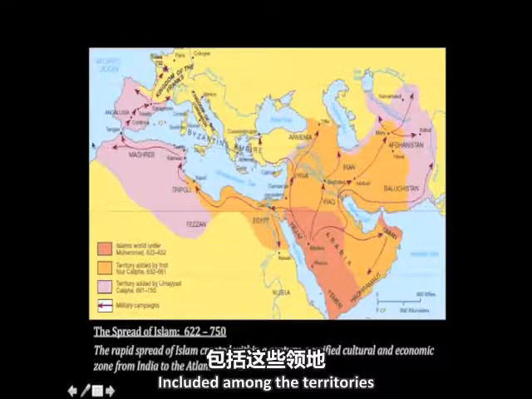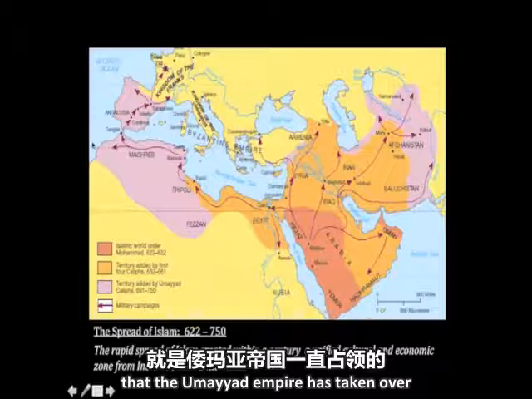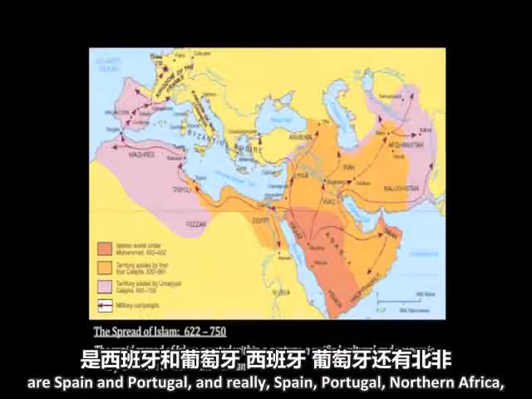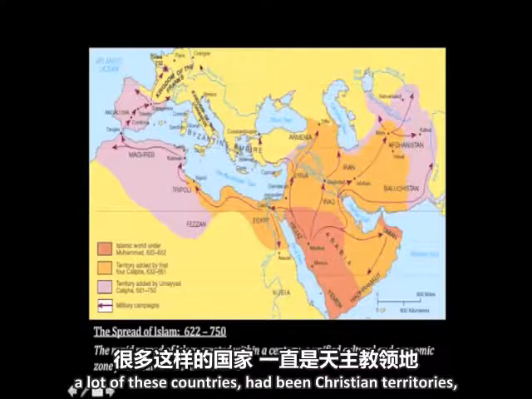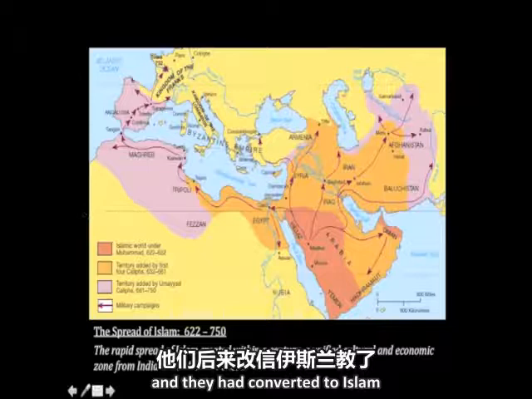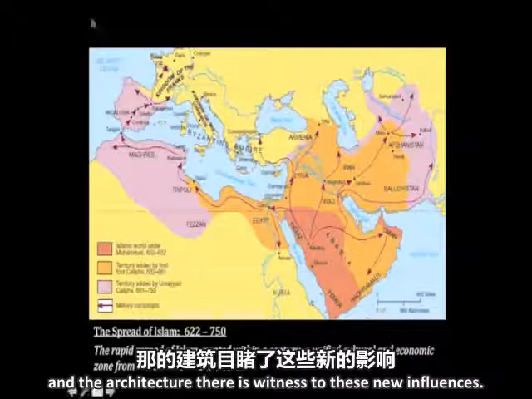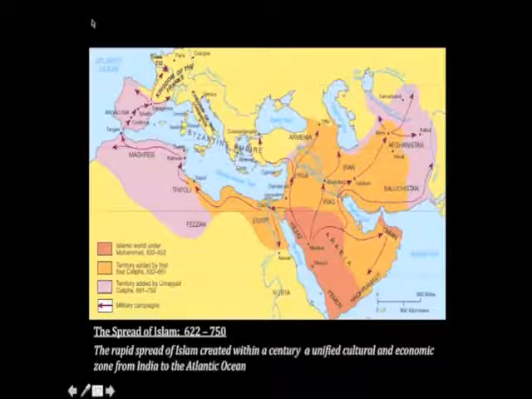Included among the territories that the Umayyad Empire has taken over are Spain and Portugal. And really, Spain, Portugal, Northern Africa, a lot of these countries had been Christian territories, and they had converted to Islam, and the architecture bears witness to these new influences.